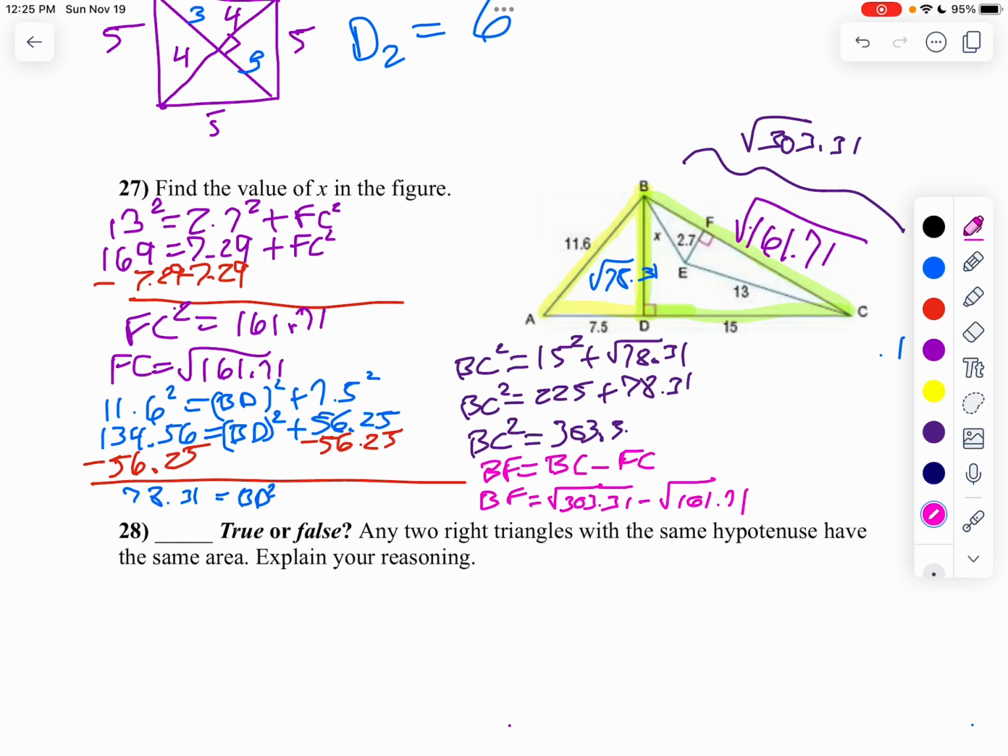Well, if we do that with our calculator, I'm going to take the square root of 303.31 minus the square root of 161.71. And I'll get about 4.70.